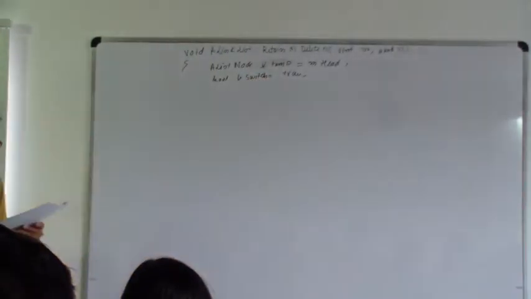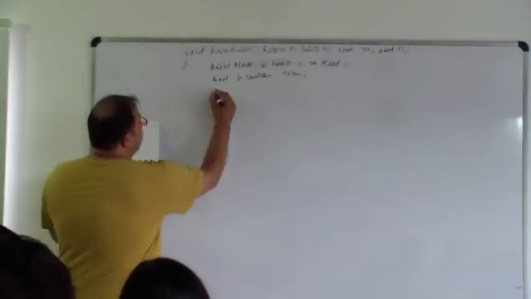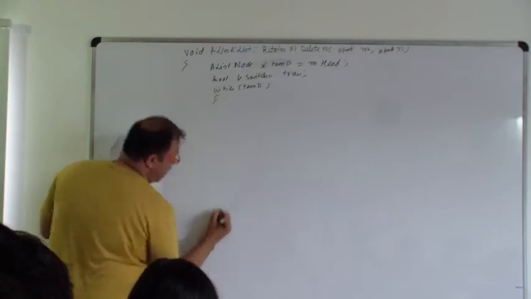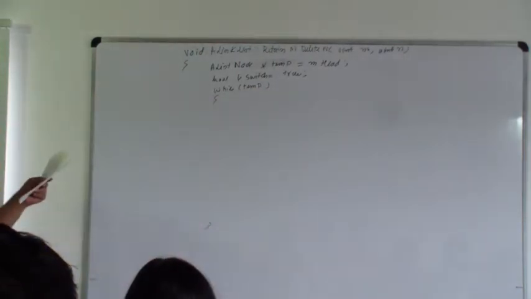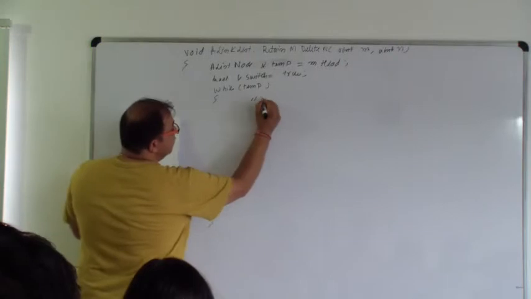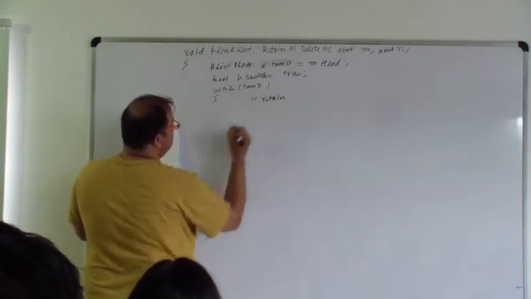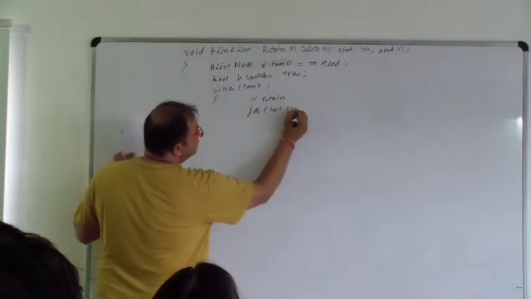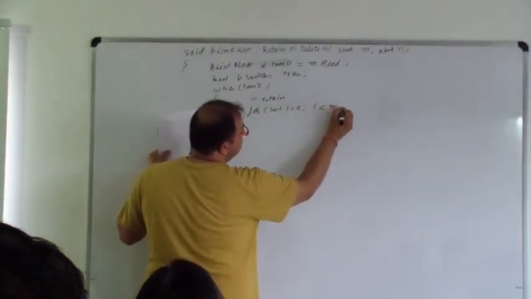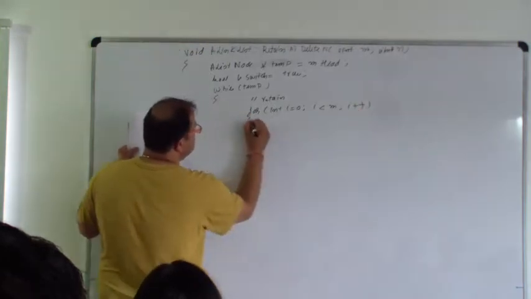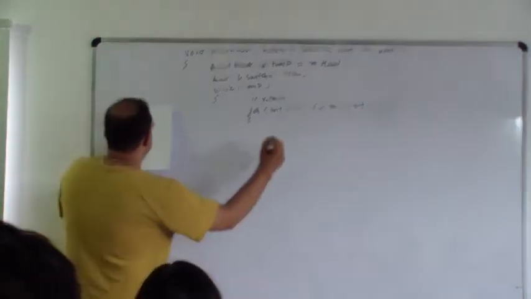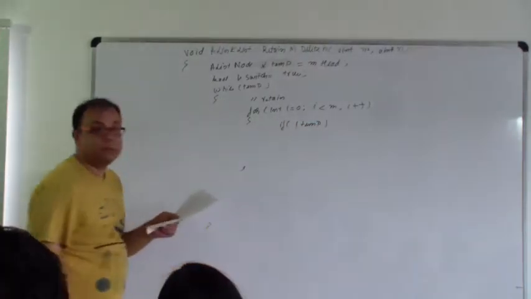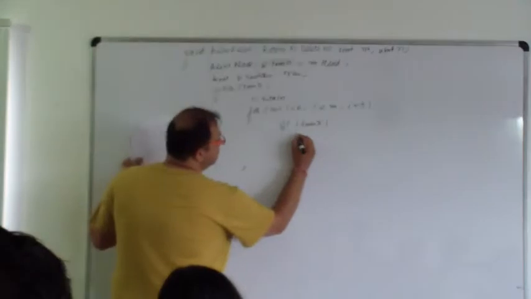Okay. While temp exists, I will go through the entire list, and for retaining, so now I will retain. For int i is equal to 0, i is less than m, i plus plus. What am I doing? If temp does not exist, break.